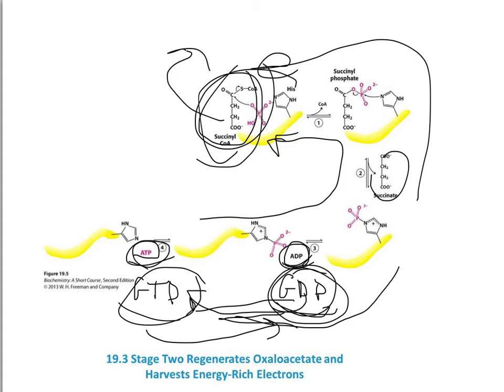So at any rate, in the E. coli enzyme, it happily uses either of those. And then in eukaryotes and other things, typically it's ADP, except in the case that I just mentioned when they work backwards.